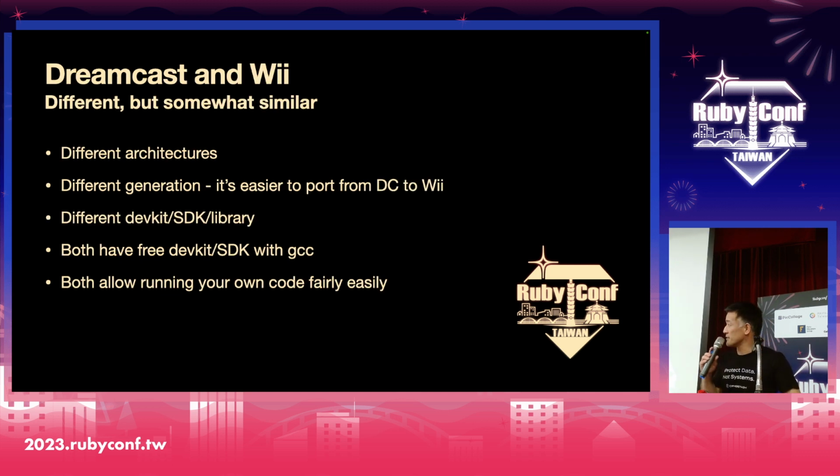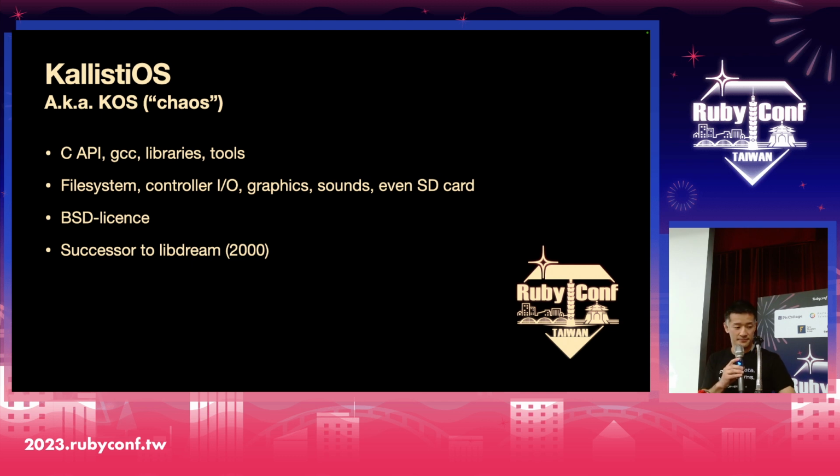So Dreamcast and Wii, as I've shown, have lots of differences, but also similarities. The architectures are different, they come from different generations, and the software stack is different. But both have free open source SDKs, they both use GCC, and they both allow running your own code quite easily. That makes them a pretty good target for cross-platform development.